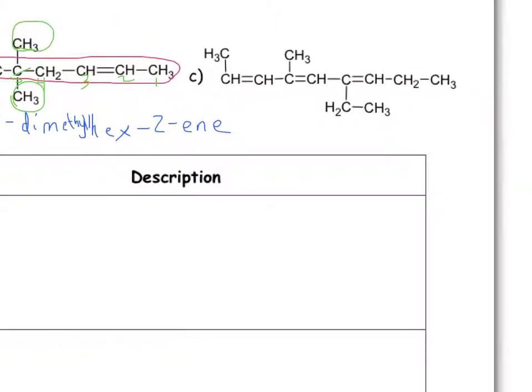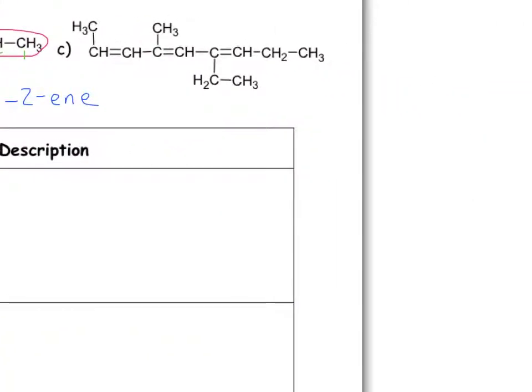Pause the video now and generate the name for example C. Here's the answer. My main chain goes like this.